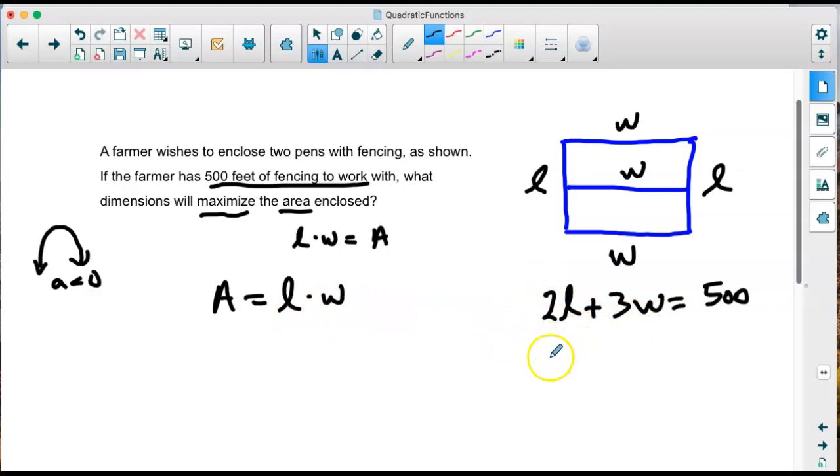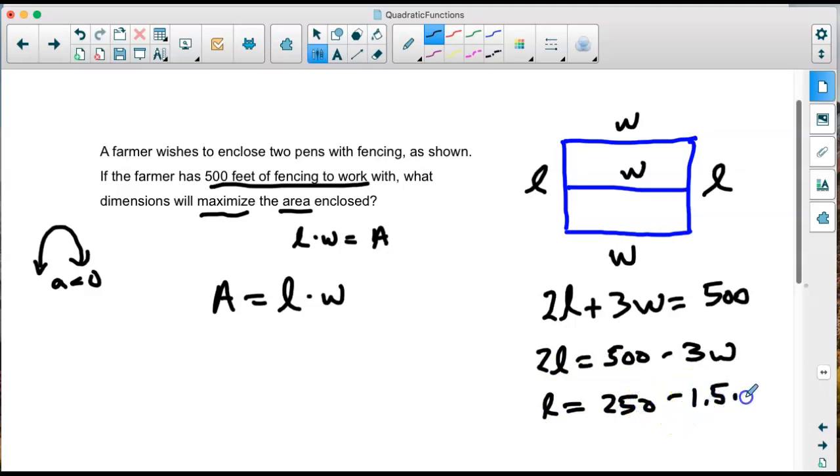So I'm going to solve for L here. 2L equals 500 minus 3W, and L equals, let's divide by 2, 250 minus 1.5 W. If we divide both of these by 2.